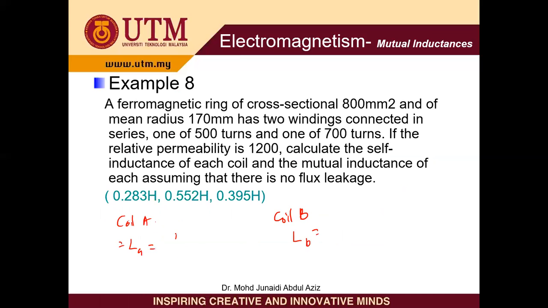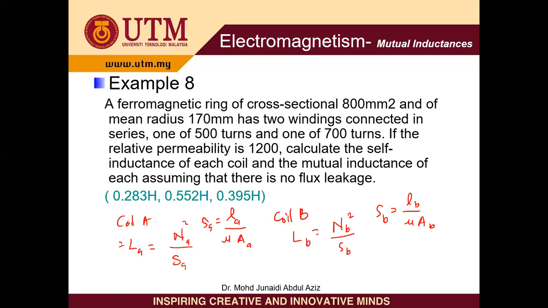We know that the LA equation is the number of turns of coil A squared over the reluctance of coil A, where the reluctance you can calculate by using the length of the core material over the permeability of the material multiplied by the cross section A. And it is the same for B, so this is NB squared over the reluctance of B, which is the length over mu times A_B.